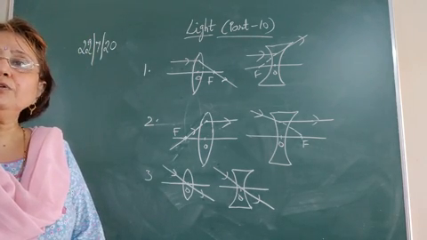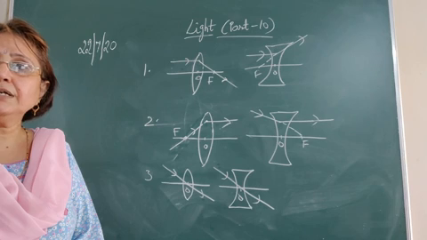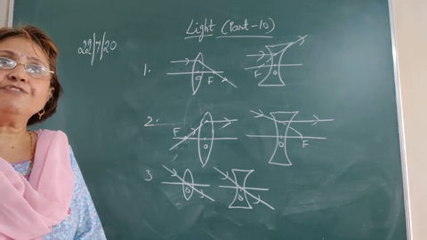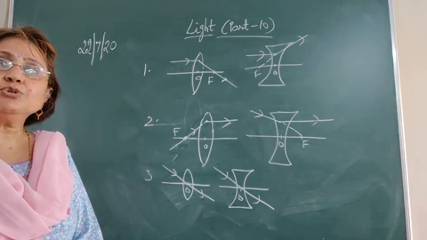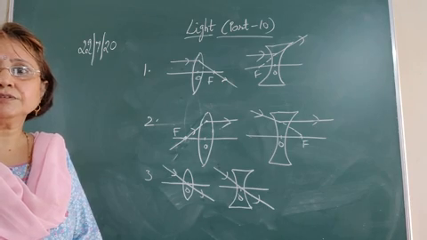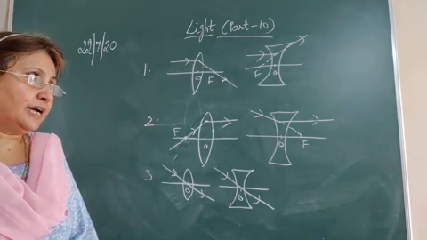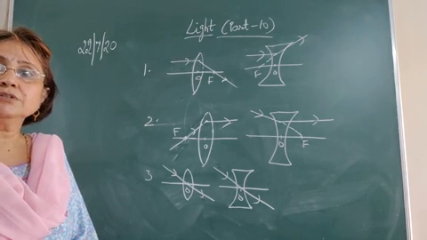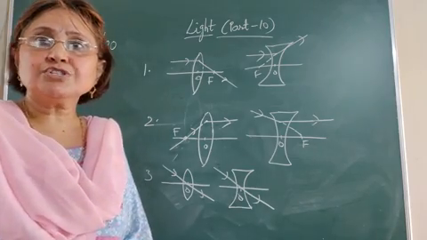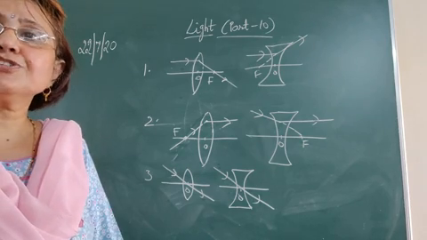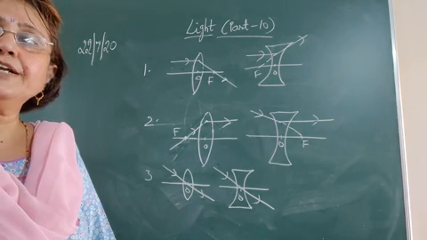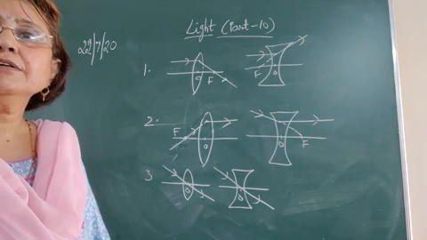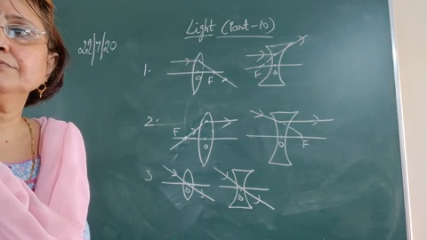So write the third rule. Write the third one. A ray of light passing through the optical center goes straight or passes straight without any deviation.